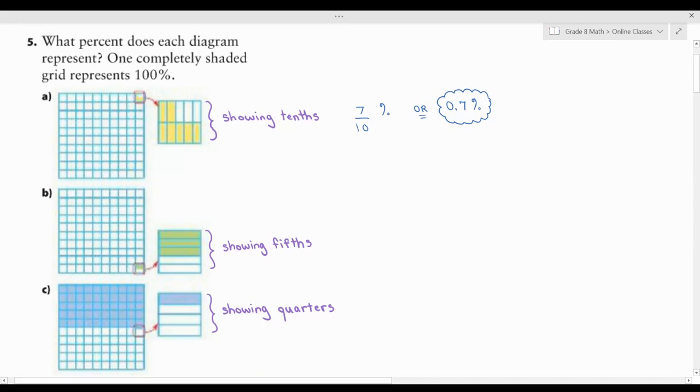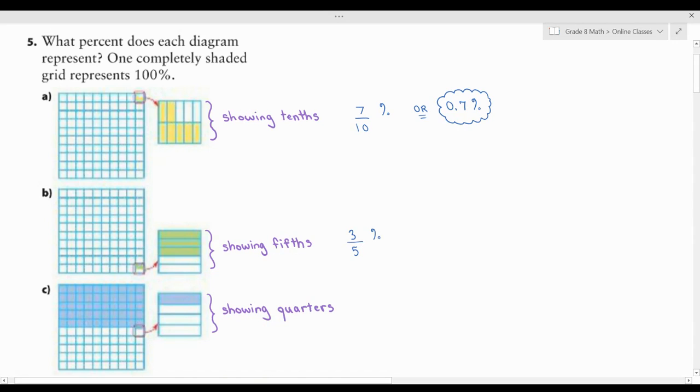Question B. Again, this time you'll notice there's not a lot of shading going on here. There's this little itty bitty square down here, and they've zoomed in on it. Now this is showing 1, 2, 3, 4, 5 fifths. So I'm going to count. I have 1/5, 2/5, 3/5. So that little zoomed in square is showing 3/5%.